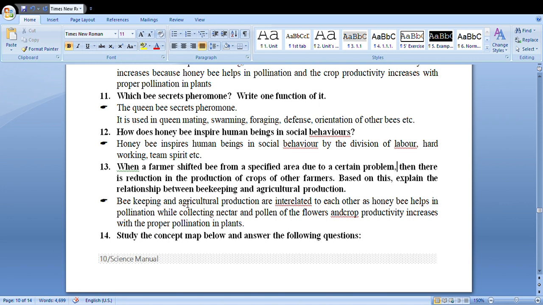Based on this, explain the relationship between beekeeping and agricultural production. Beekeeping and agricultural production are interrelated to each other as honeybee helps in pollination while collecting nectar and the pollen of the flowers, and crop productivity increases with the proper pollination in plants.